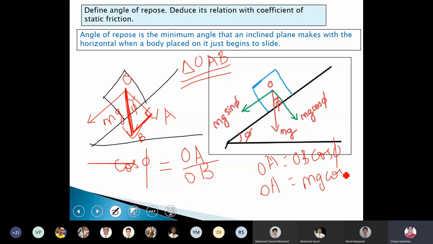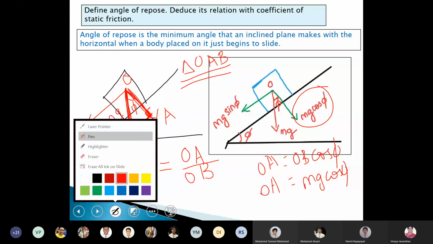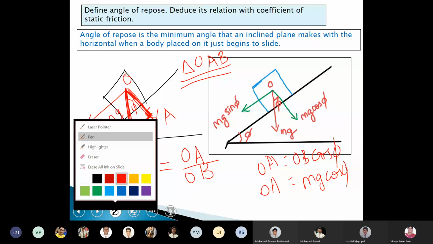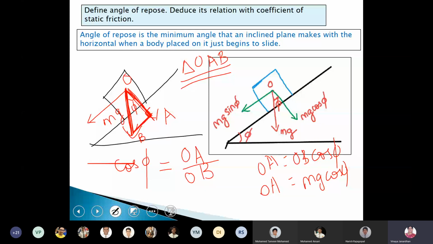Is that clear, boys? So this OA becomes mg cos phi. Can you see that over here? I'll mark this point so it won't be confusing for you.